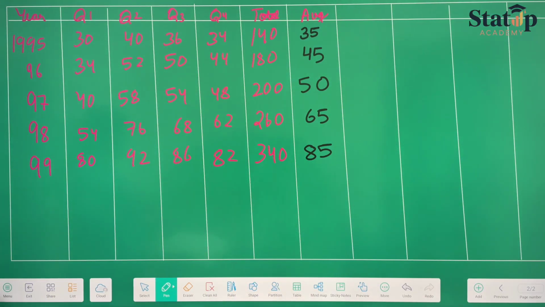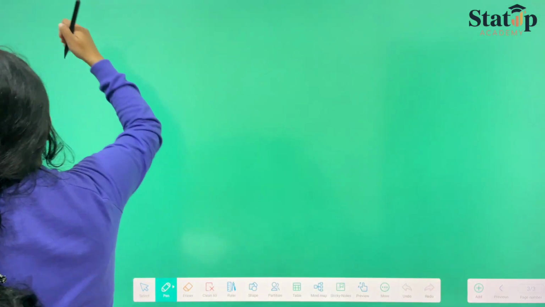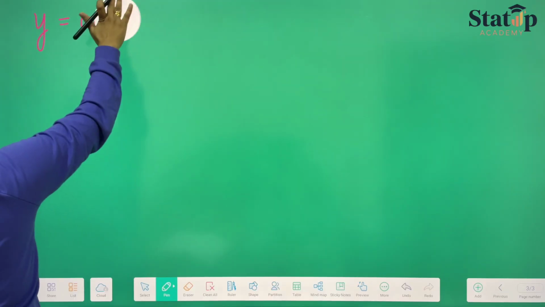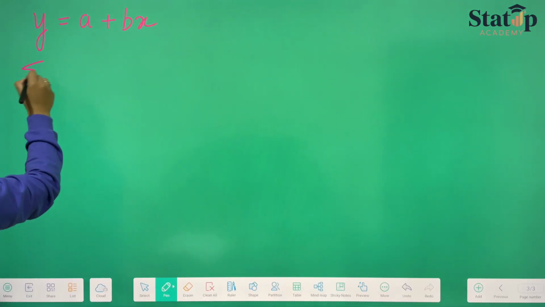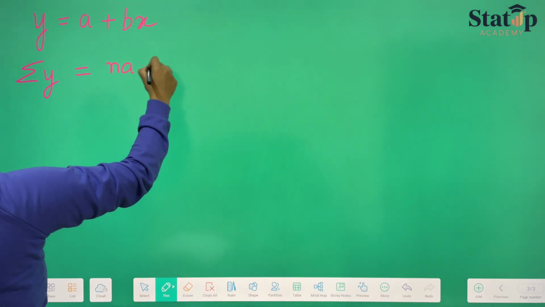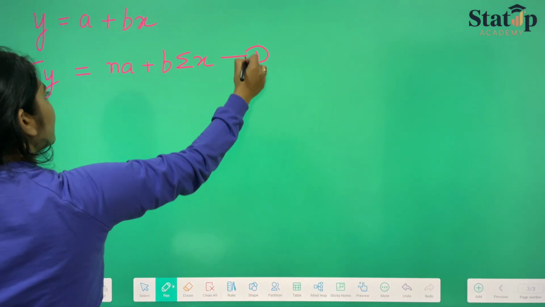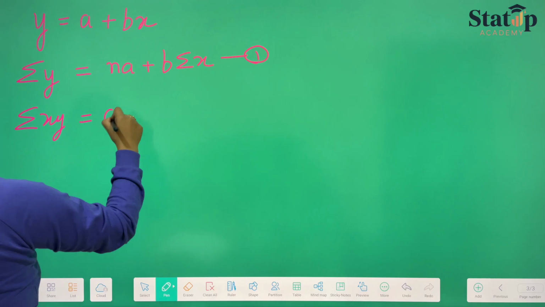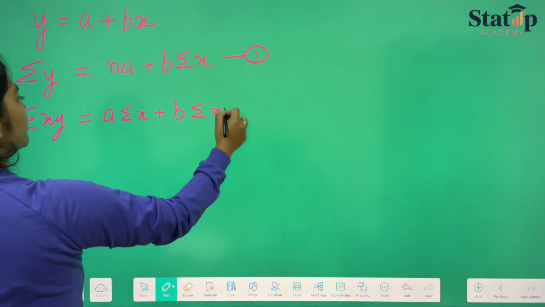Now if we fit the trend line here, let the trend line be y equals a plus bx. If we take summation of y, then it will be na plus b summation of x. The first equation would be this, and the second would be summation xy equals a summation x plus b summation x square.